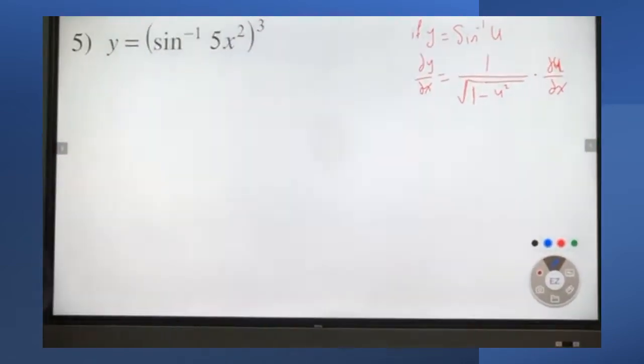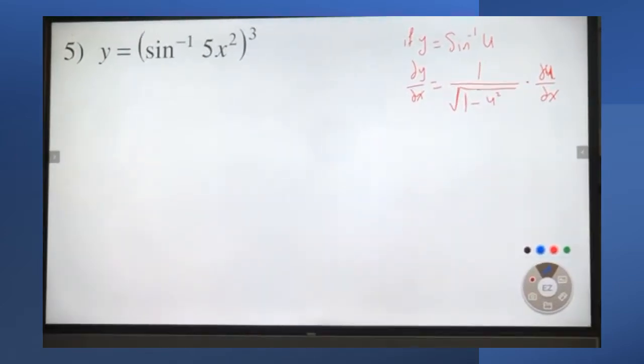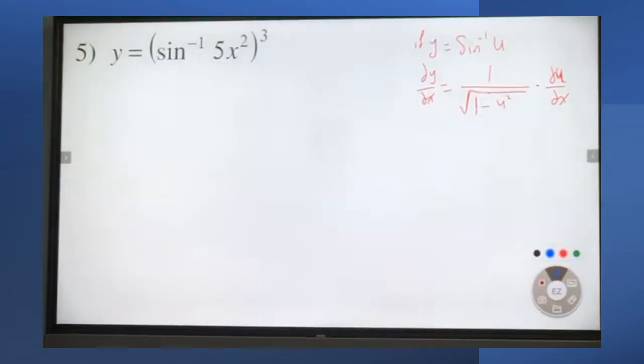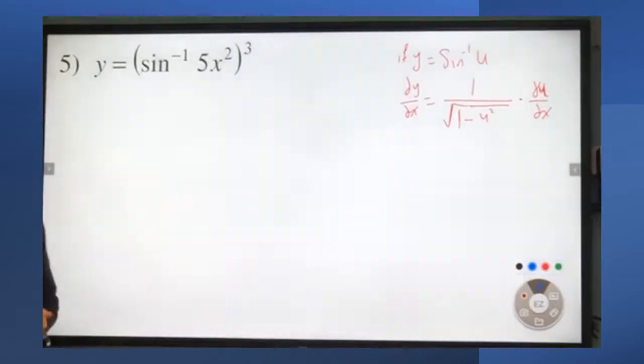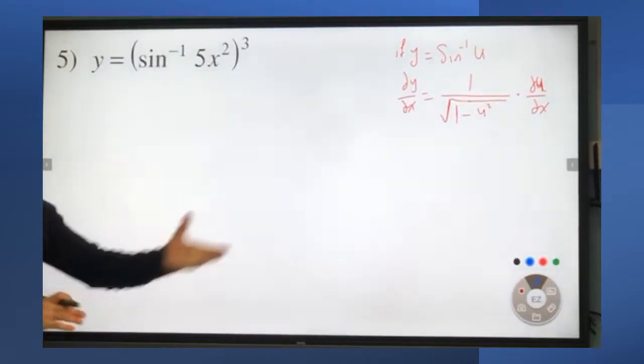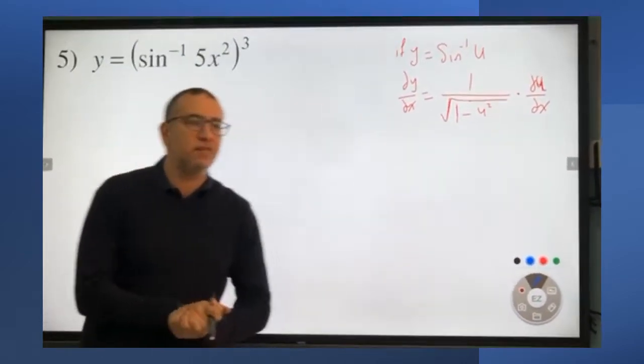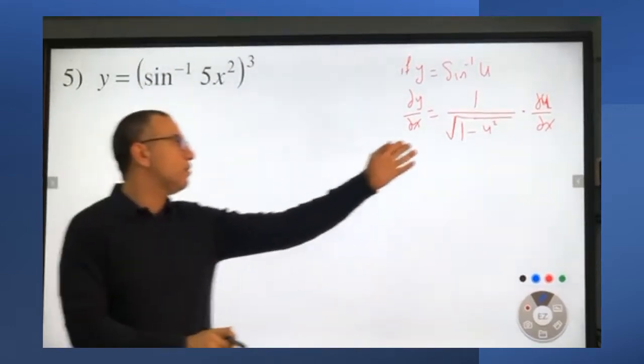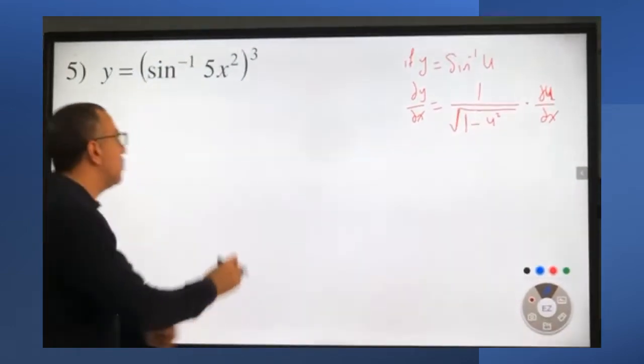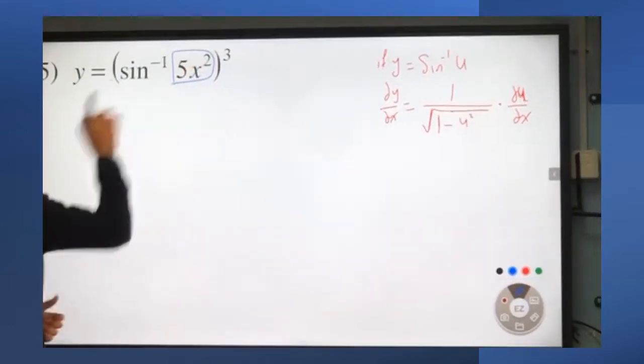How to use the chain rule with the derivative of inverse trigonometric functions? Sine inverse of 5x squared, all to the power of 3, and we know that the derivative of sine inverse is 1 over the root of 1 minus u squared, whereas u is the function at the front of the sine.